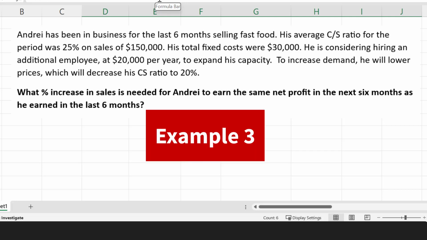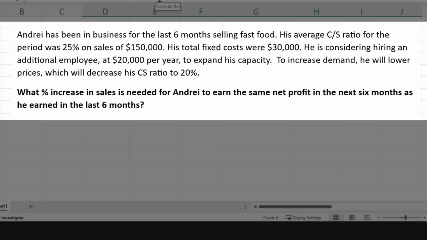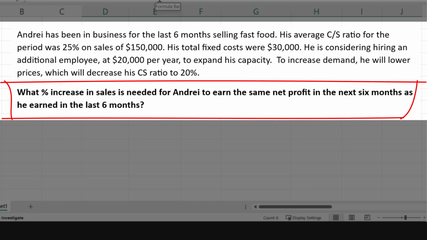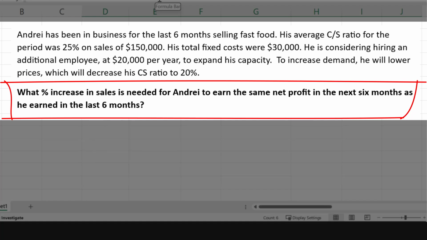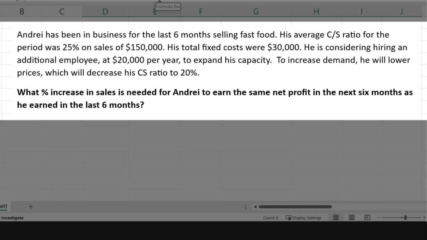We have a business owner thinking of making some changes to his company, and this business owner wants to understand what increase in sales will he need to earn in order to make the same profit in the next period that he made in the previous period. If you'd like to try this question on your own before we do it together, it's a great idea. You can pause the video now and continue viewing when you've completed it.